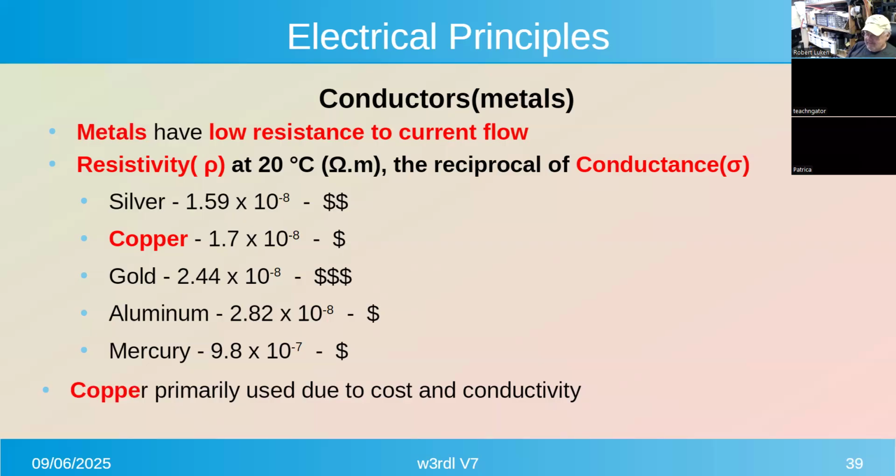It was up $3,500 an ounce yesterday. So for most electronic stuff, we use copper. You'll find gold on connectors and things because it doesn't tarnish, where copper oxidizes easily, and so does silver.